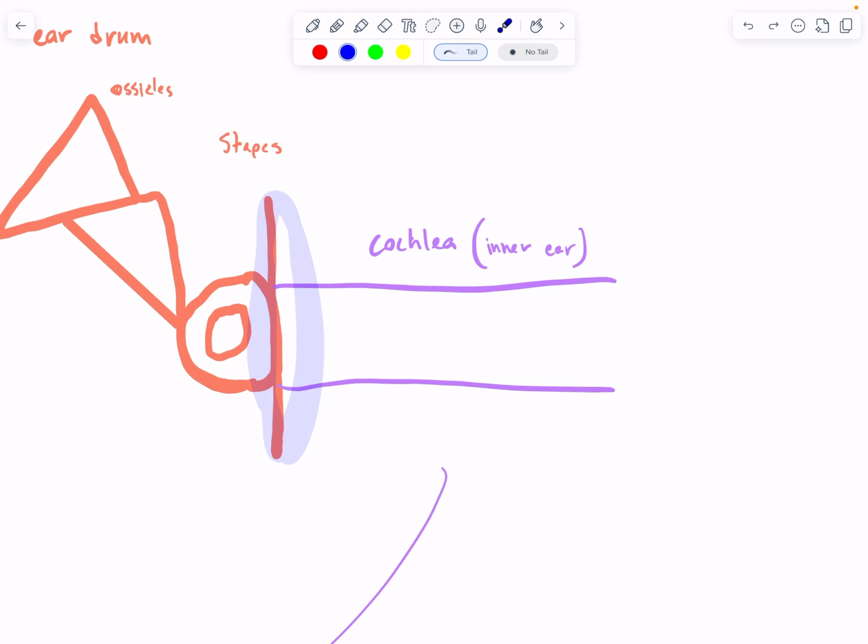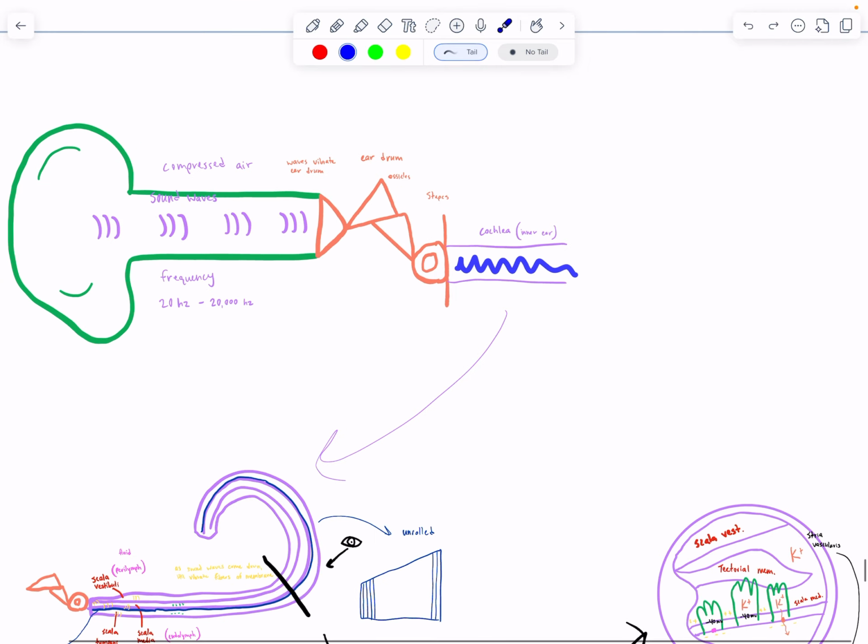It's going to hit the oval window, and there's a bunch of fluid in the cochlea.